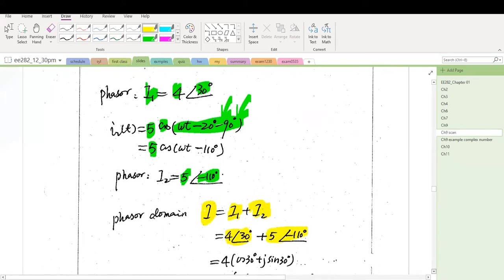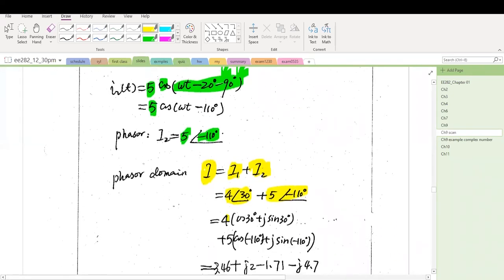Then we use Euler's formula. This is 4 times cosine 30 degrees plus j sine 30 degrees, and 5 times cosine minus 110 degrees plus j sine minus 110 degrees. Plug it in using either MATLAB or a calculator.